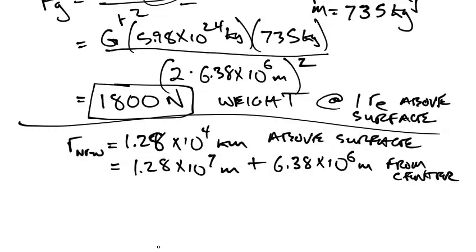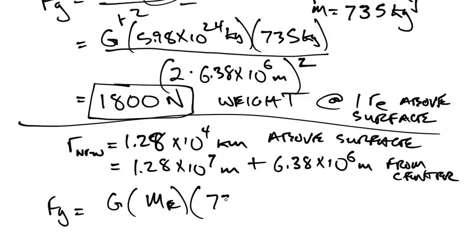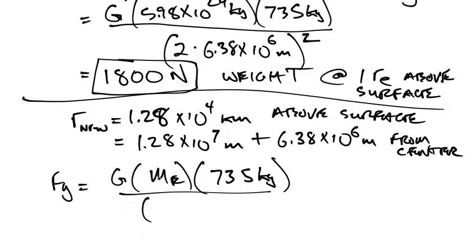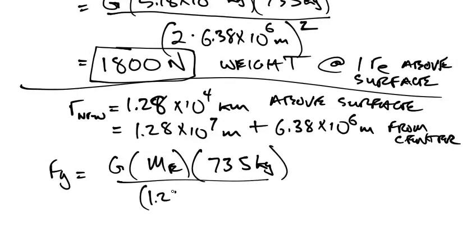Therefore, we can get the new force of gravity, or the new weight, as G times the mass of the Earth times the mass of the spaceship, divided by 1.28 times 10 to the 7 plus 6.38 times 10 to the 6, and all that squared. And what do we get?